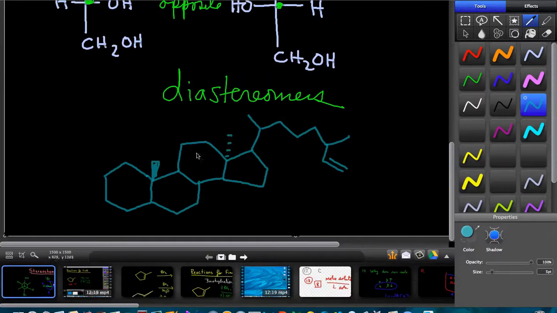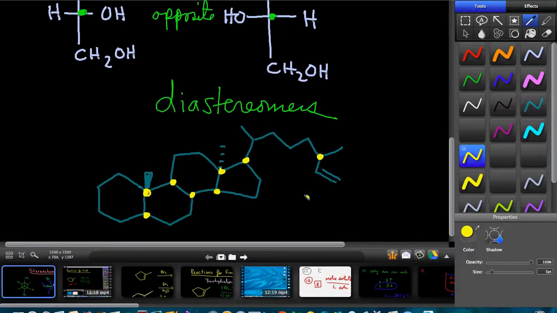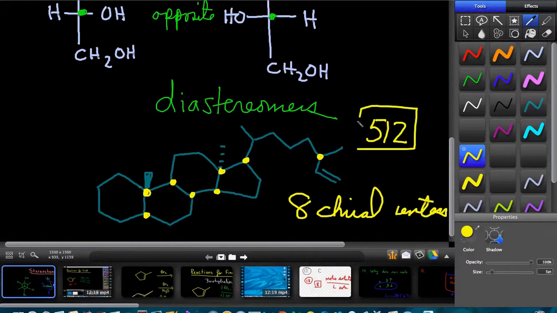Again, from what I said in class the other day, you want to look for ring junctures. So you've got a ring juncture here, and here, and here, and here, and here, and here. This is chiral, and this is chiral. That's 1, 2, 3, 4, 5, 6, 7, 8 chiral centers. So 8 chiral centers. So that we're talking about 512 possible stereoisomers.